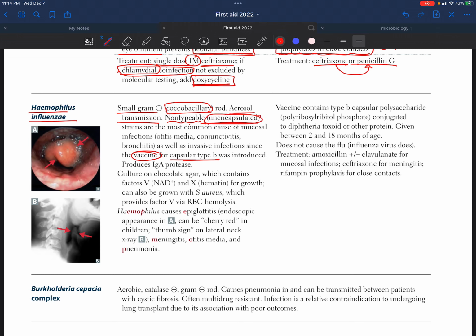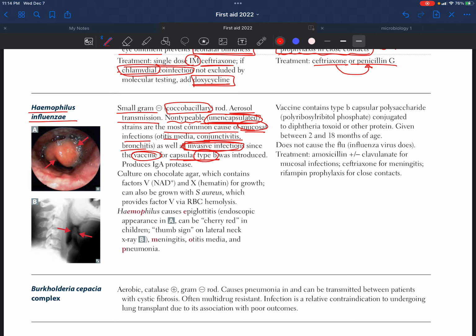This one that does not have a capsule is the most common cause of mucosal infections like otitis media, conjunctivitis, and bronchitis, in addition to invasive infections. So mucosal infections and invasive infections. The non-typeable or unencapsulated one does not have a vaccine yet, while the type B does have a vaccine.